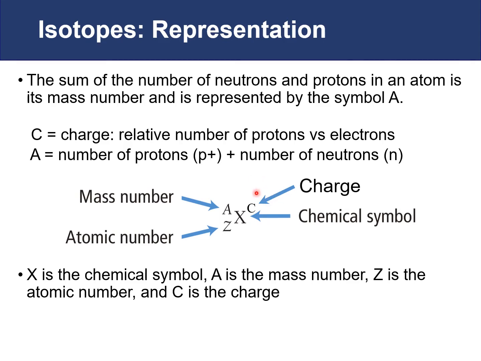A charge indicates that you have either added extra electrons or pulled electrons off. Adding or removing protons and neutrons is much more difficult and is typically only done through nuclear means. X is the chemical symbol, A is the mass number, Z is the atomic number, and C is the charge.